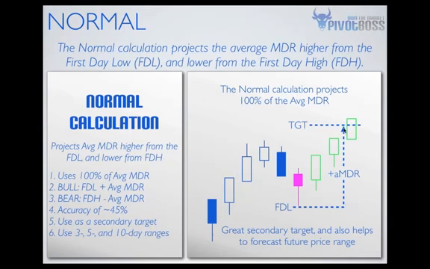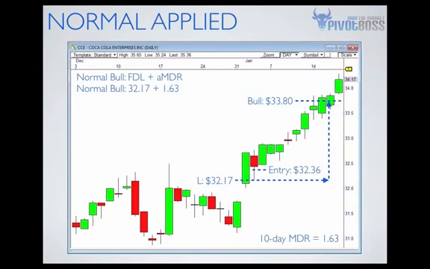When you project it higher, you'll get a target, and you'll see, more often than not, you're going to reach these targets. And of course, a normal calculation projects 100% of the average MDR. So if we look at this on the chart, let's look at a 10-day multiple day range. The 10-day MDR for this particular chart was 1.63 points.